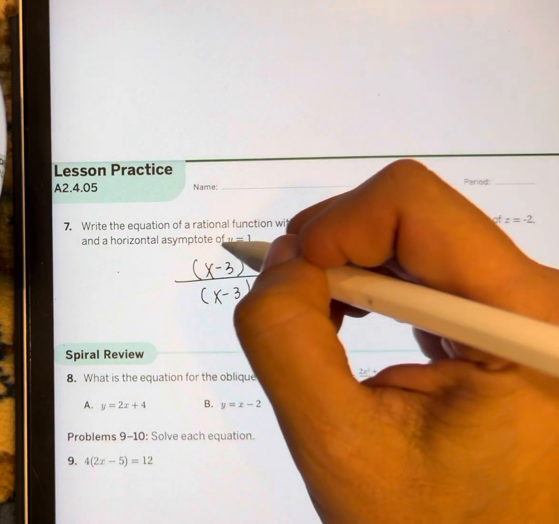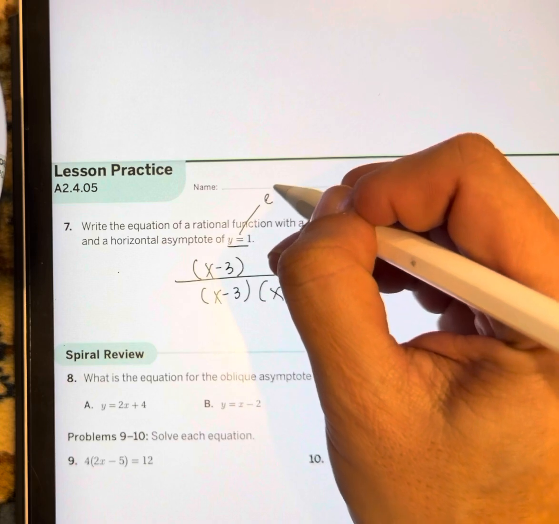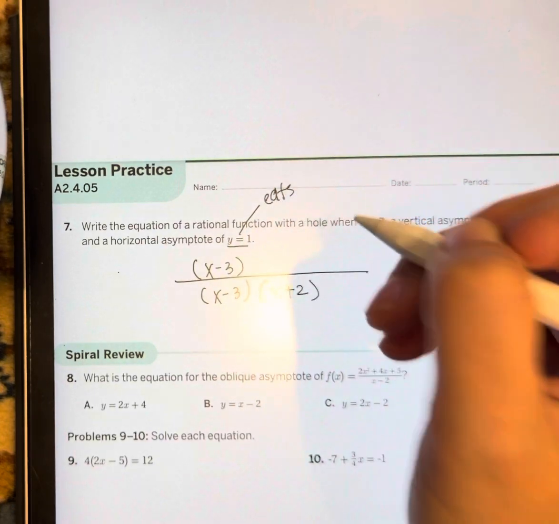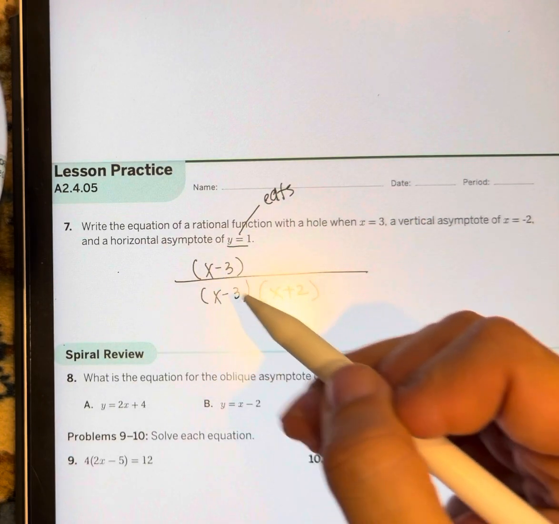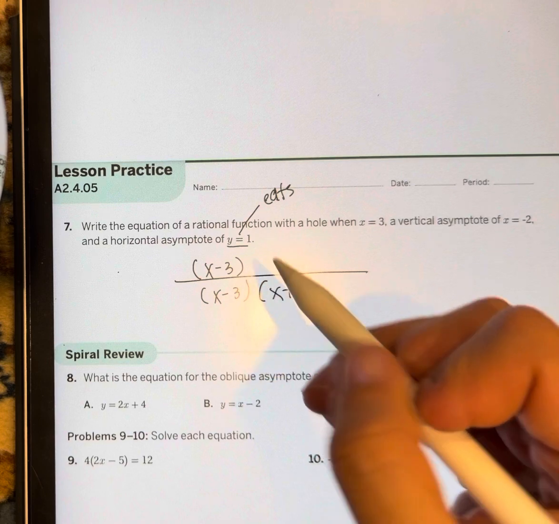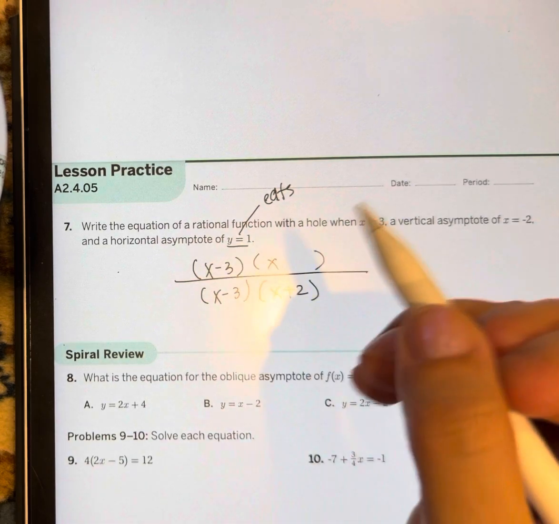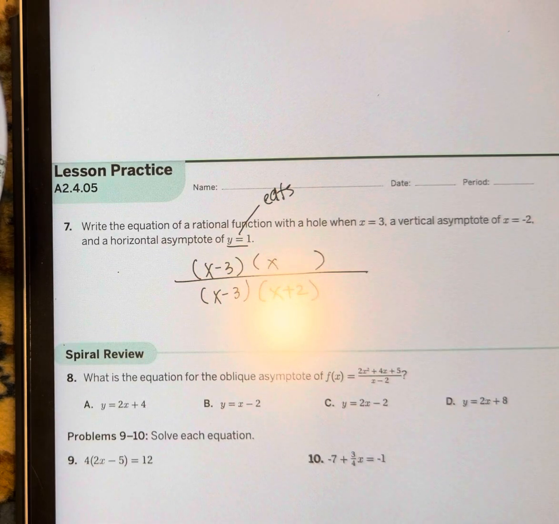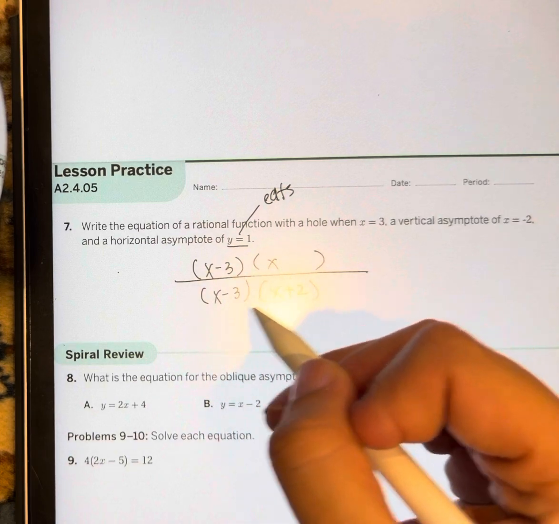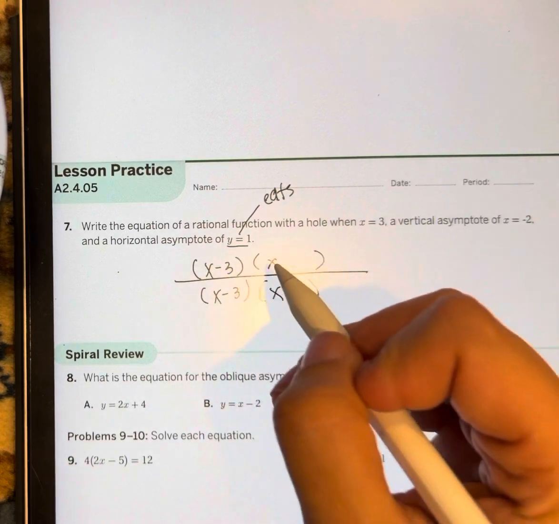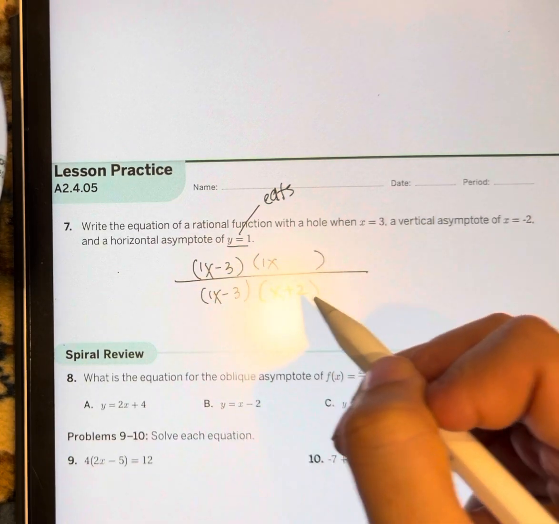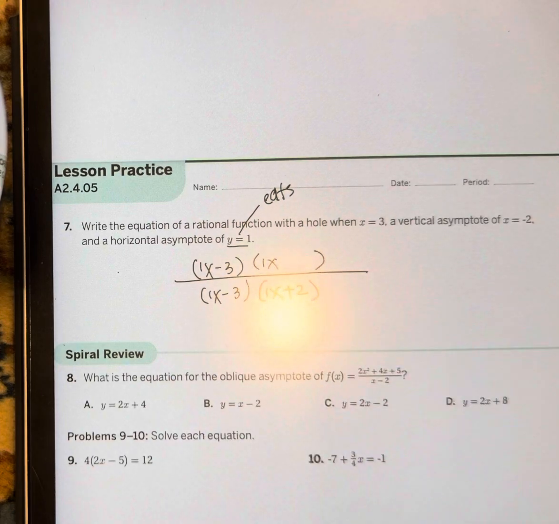So that means that a horizontal asymptote of 1 means my exponents are the same. Right now, the degree of the top is smaller than the bottom. I need to add an x something to the top. Now my exponents are the same. It's squared and squared. And now with their coefficients, if I divide, it's going to give me 1 because everybody's coefficient is the same.